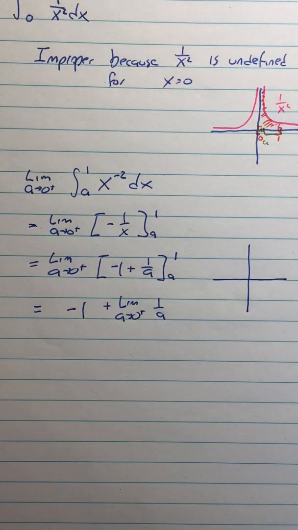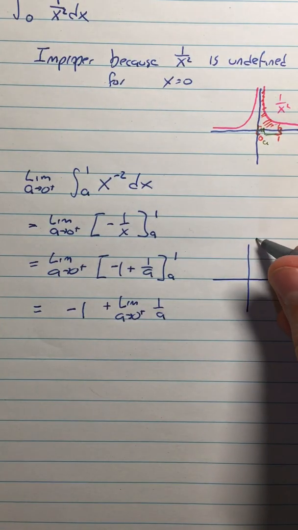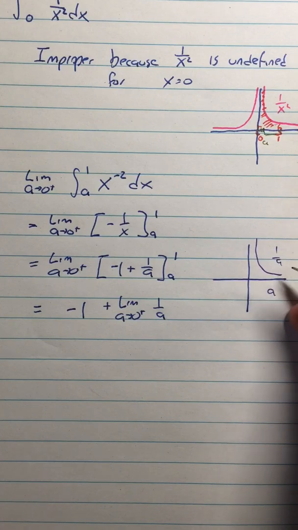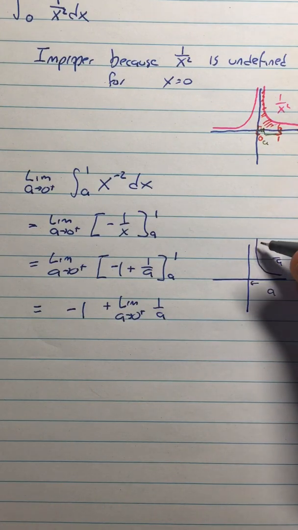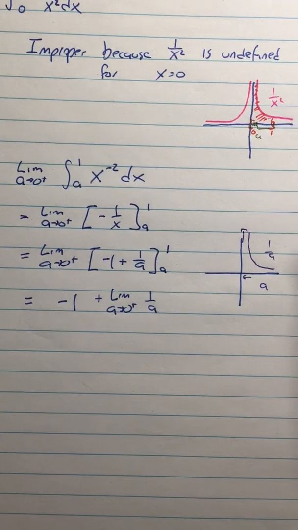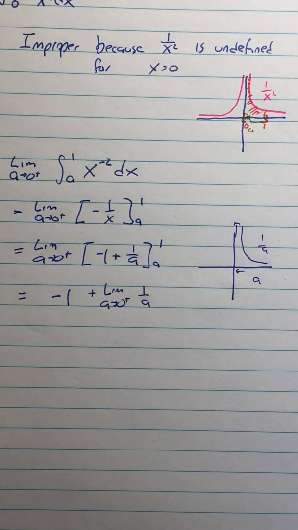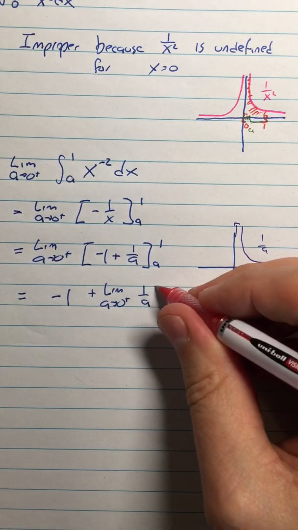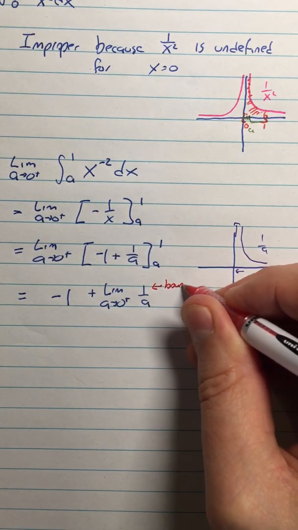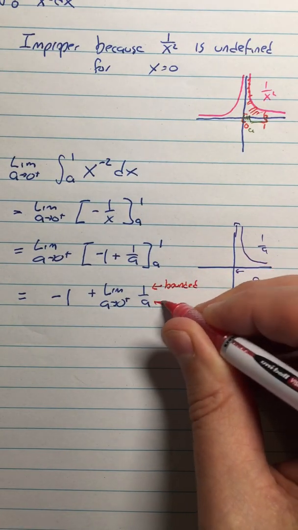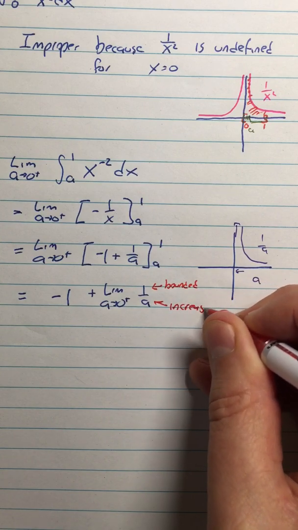So here's a graph of 1 over a. As a approaches 0 from the right, clearly the limit approaches infinity. We can also say that we are looking at a fraction, a rational expression, where the numerator is bounded and the denominator increases without bound.